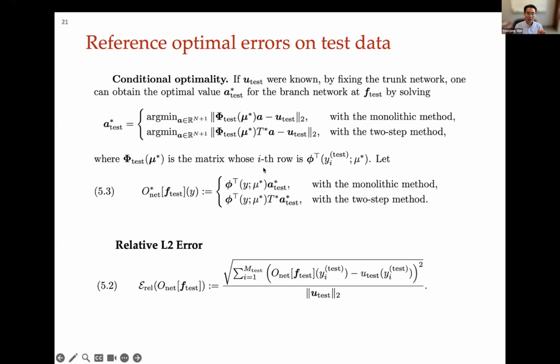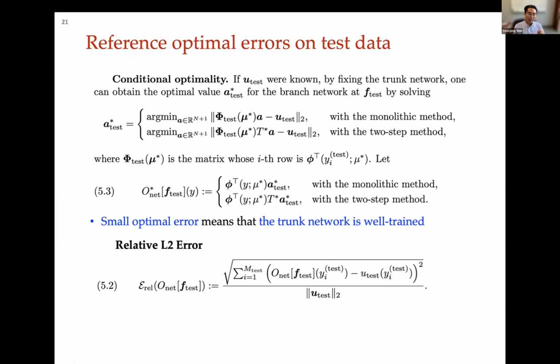So this provides some conditional optimality, in the sense that, assuming our trunk network is well trained, we can measure how well the branch network generalizes to unseen data points, unseen function inputs. So this is our relative L2 error, and it implies two things.